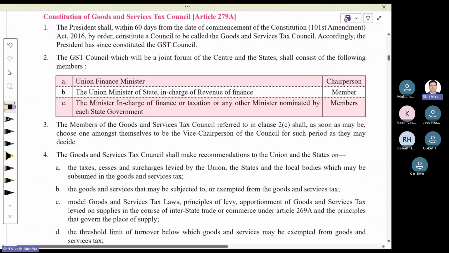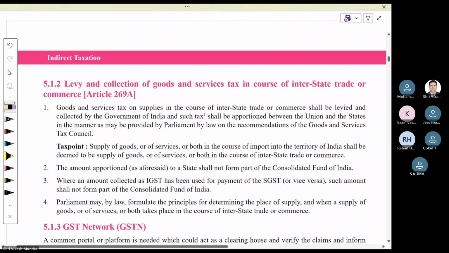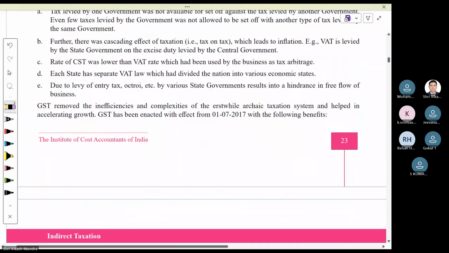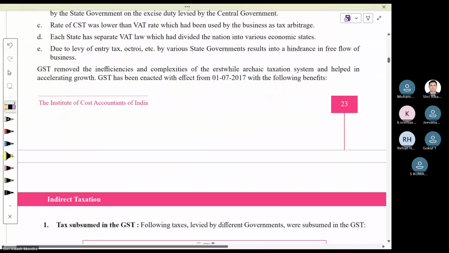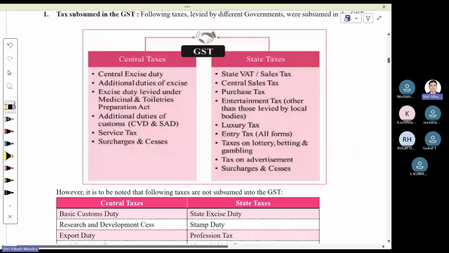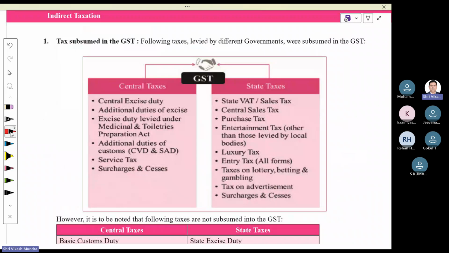A few features we are required to understand. After introduction of the GST, since it is levied on a common taxable event, various existing taxation mechanisms were subsumed in the GST law.